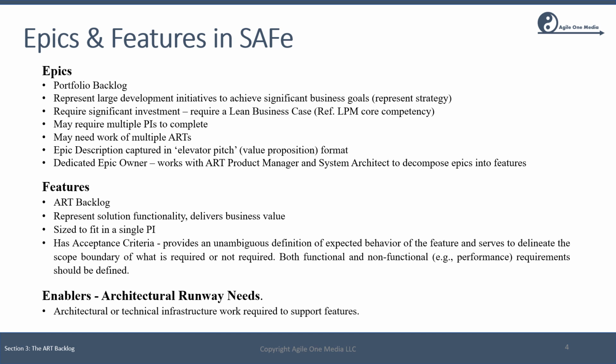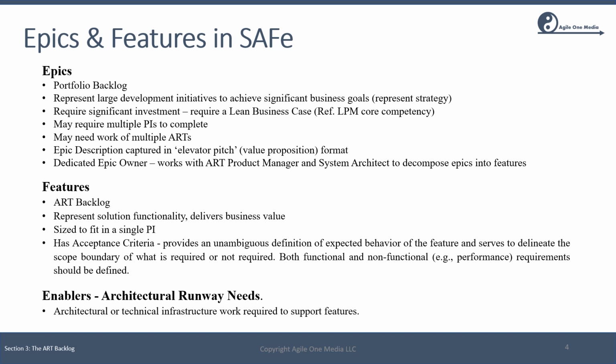So now let's pause for a minute and recap to review the basic definitions and differences between items in the portfolio backlog and the ART backlog, that is, epics and features. Epics live in the portfolio backlog, represent large development initiatives to achieve significant business goals, and require significant investment.